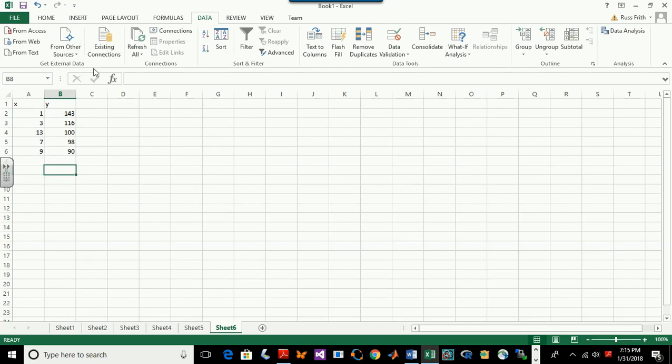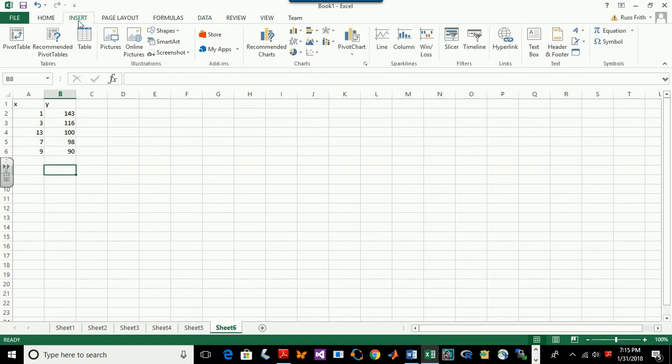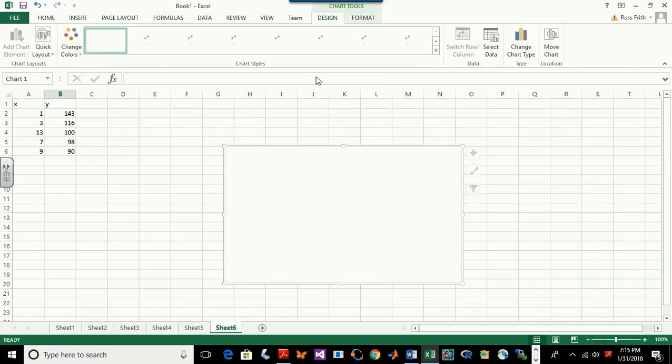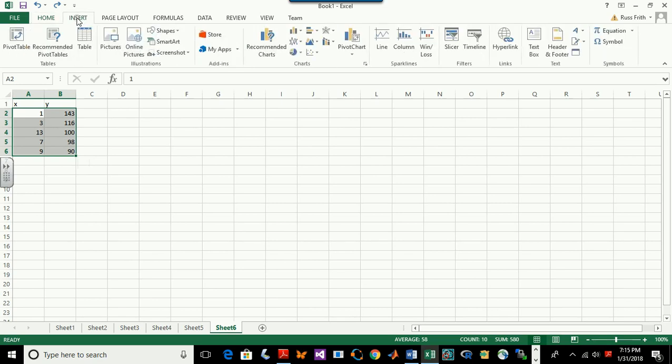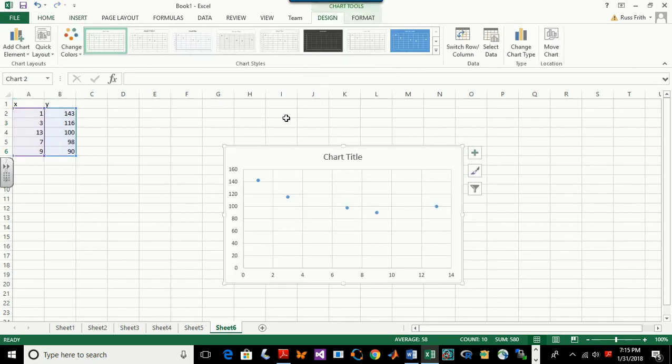Why don't we just do a chart? So we can do an insert, scatter chart. Okay. Oops, I have to Control Z. We have to select the data first, right? Insert, scatter plot. Okay, yep.